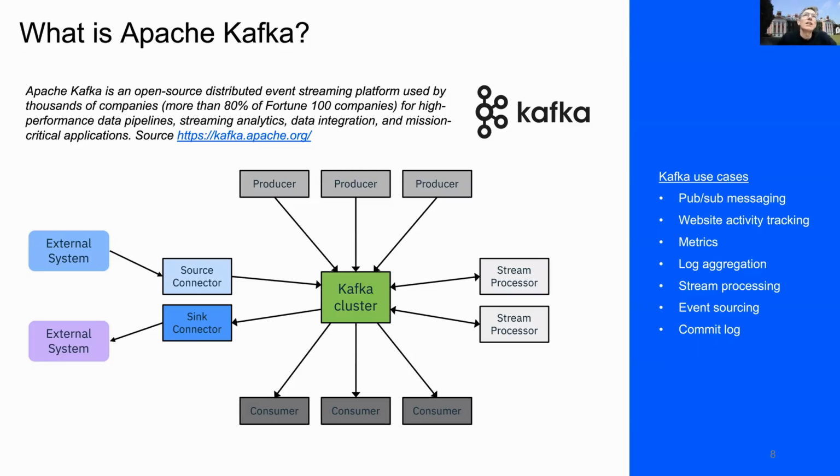And it's an event streaming platform. They claim it's used by thousands of customers, and it's known for its high performance, and it tends to be used for things like streaming analytics, data integration, and other critical applications.